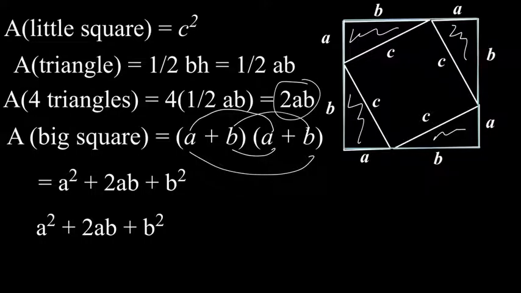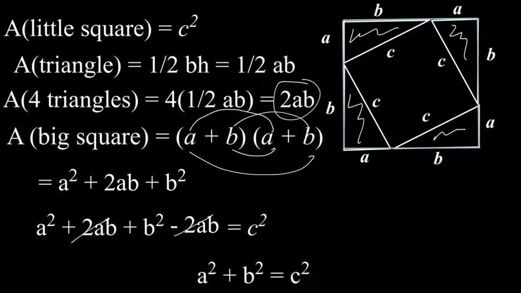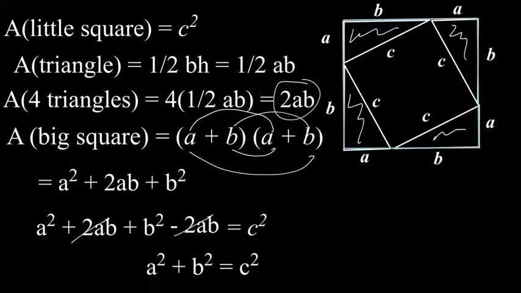So if we subtract that 2ab from the area of the big square, we will get the area of the small square. And the 2ab's will cancel, leaving you with your Pythagorean theorem again: a squared plus b squared equals c squared.